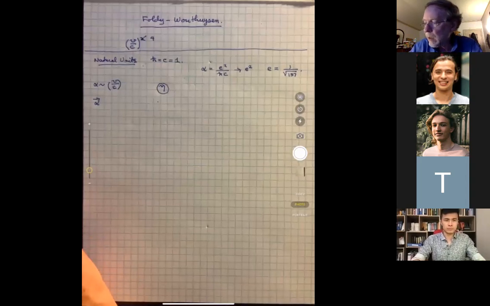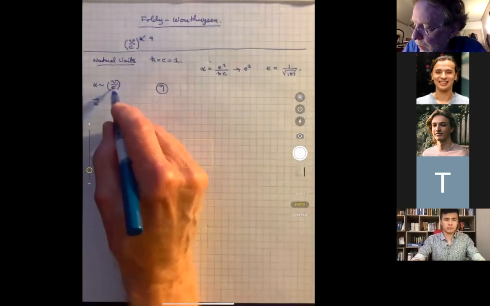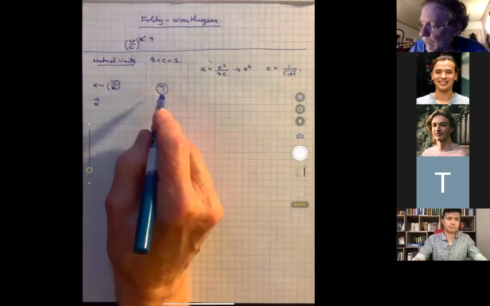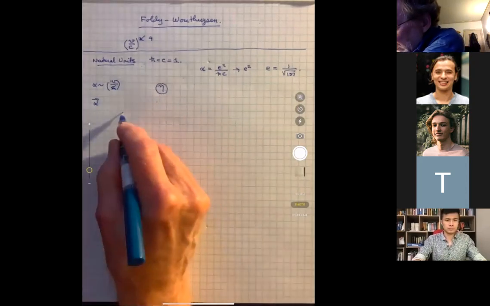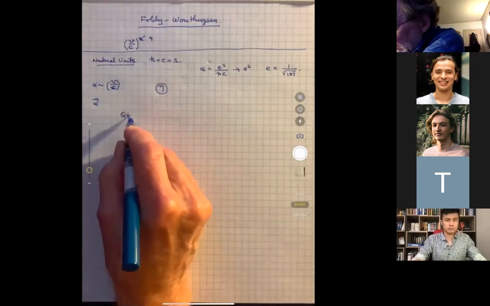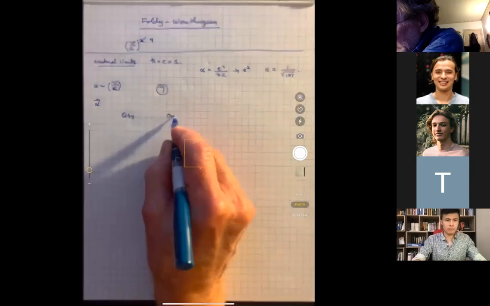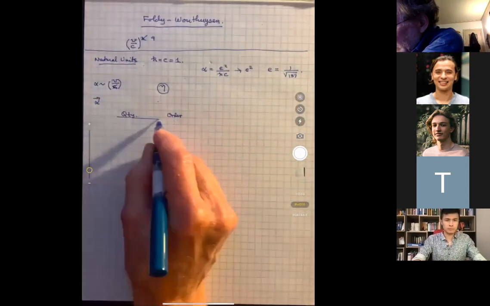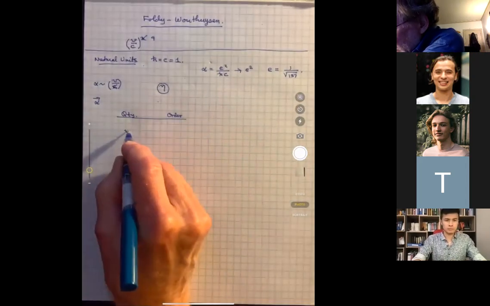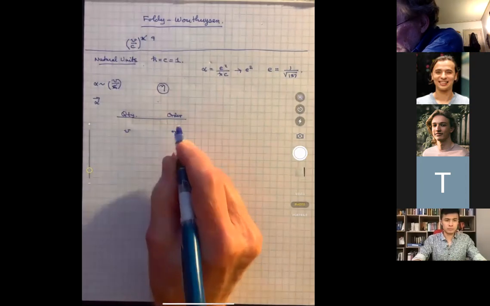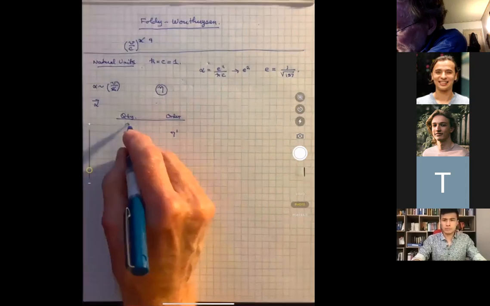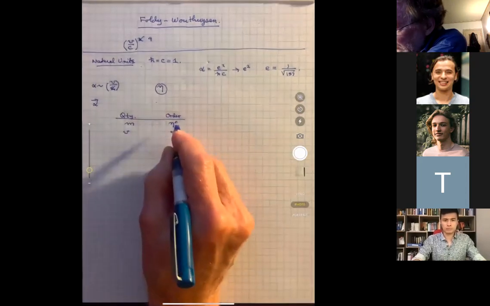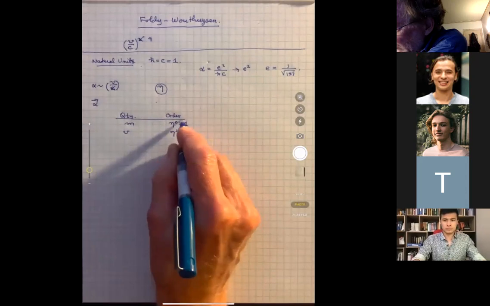All right. Now, in natural units, the c goes away. So the velocity itself is of order eta based on our assumptions. Let me make a table here of the quantities we're interested in and the order of magnitude we're going to give to each. The velocity is going to be order eta to the first power, according to what we just said. I'm going to take the mass of the particle to be order eta to the zeroth power, which is the same as 1, order unity.